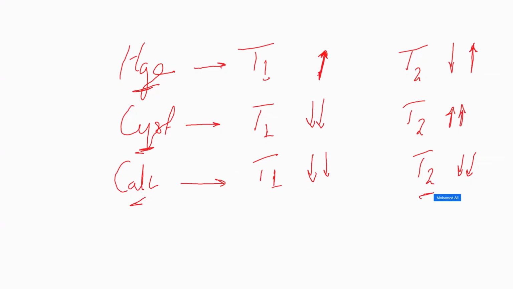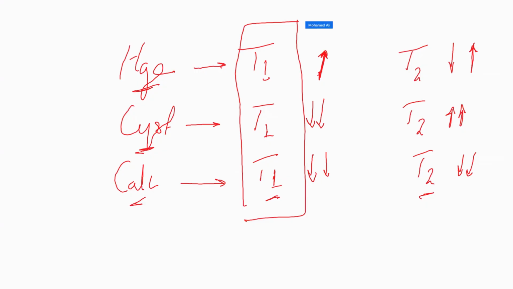So this is the value of the T1 sequence within our MRI protocol. According to the age of the hemorrhage or hematoma, it will give us different signal intensities, cysts, as we know, and calcifications.